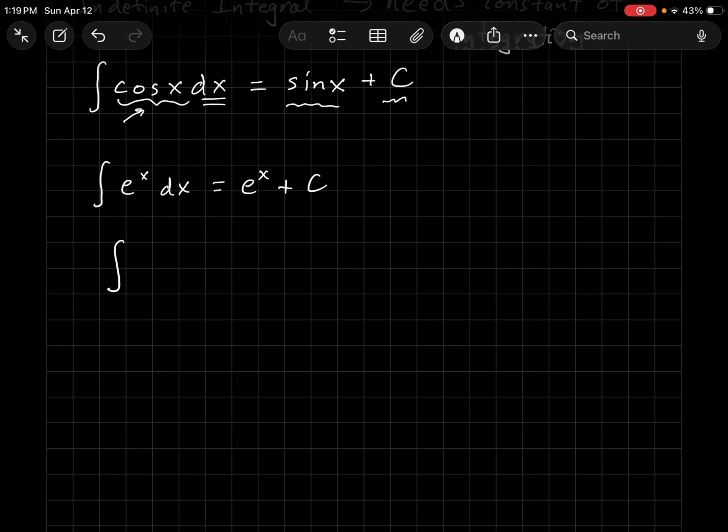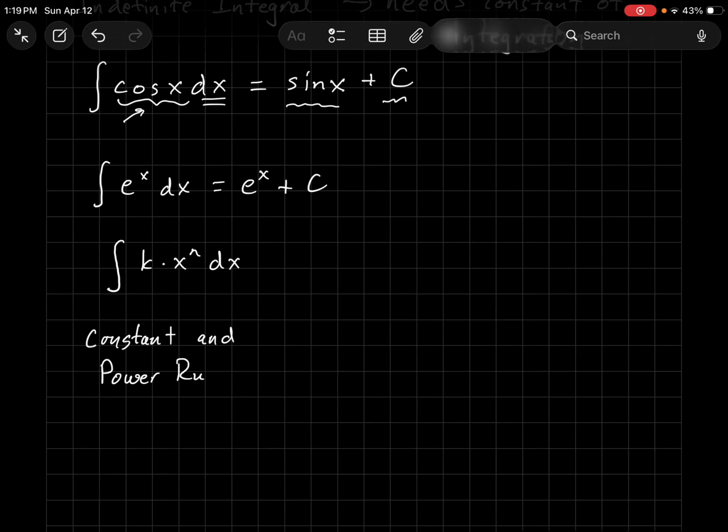What if we have something like this? The integral of k x to the n dx. I'm going to do the constant rule and power rule together. How can we find this integral?